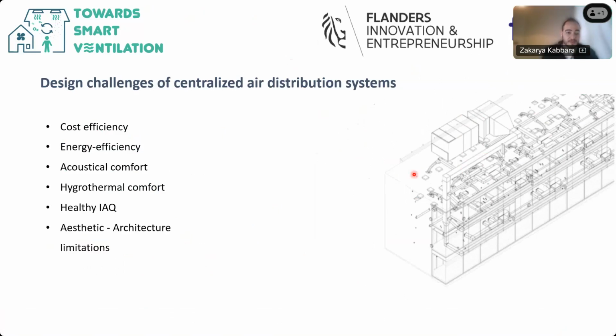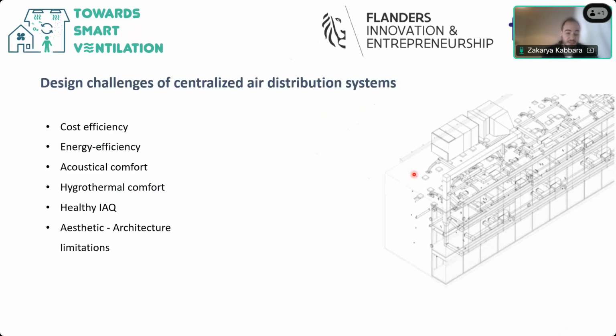Another indicator is having an aesthetic system. As you may know, the HVAC design comes after deciding on the building architecture. And this poses some challenges on the design engineers because they have to deal with deciding on the routing of the ductwork system or the layout and the sizes within these architectural limitations.